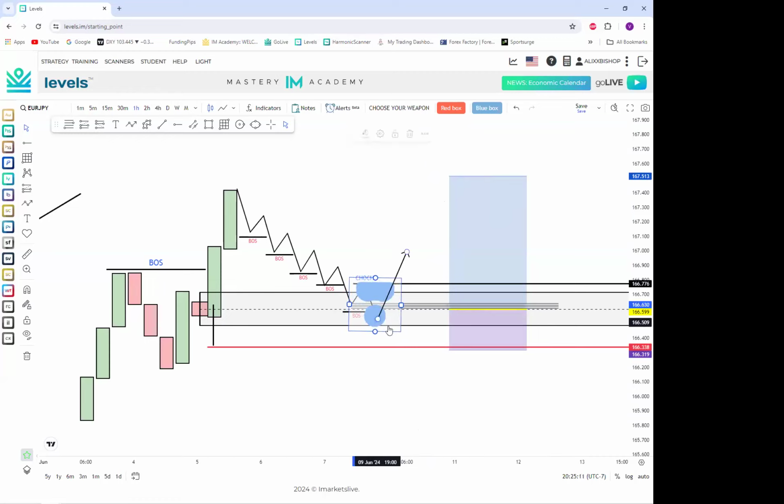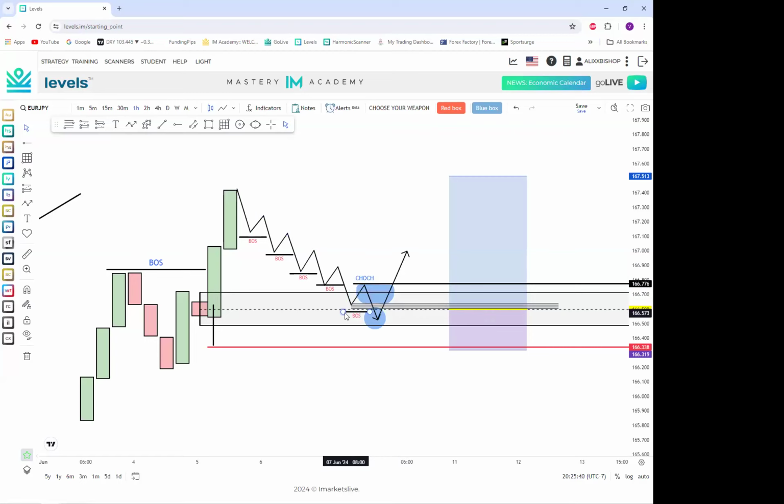Notice how this lowest point here, guys, this is my head. It's the lowest point, right? Now, where is my shoulder? Where's my shoulder, guys? It's the previous BOS. This is why marking up your breakage structures and your change of character is very important, because the market is literally telling you what you need to wait for, and all you have to do is wait for it.